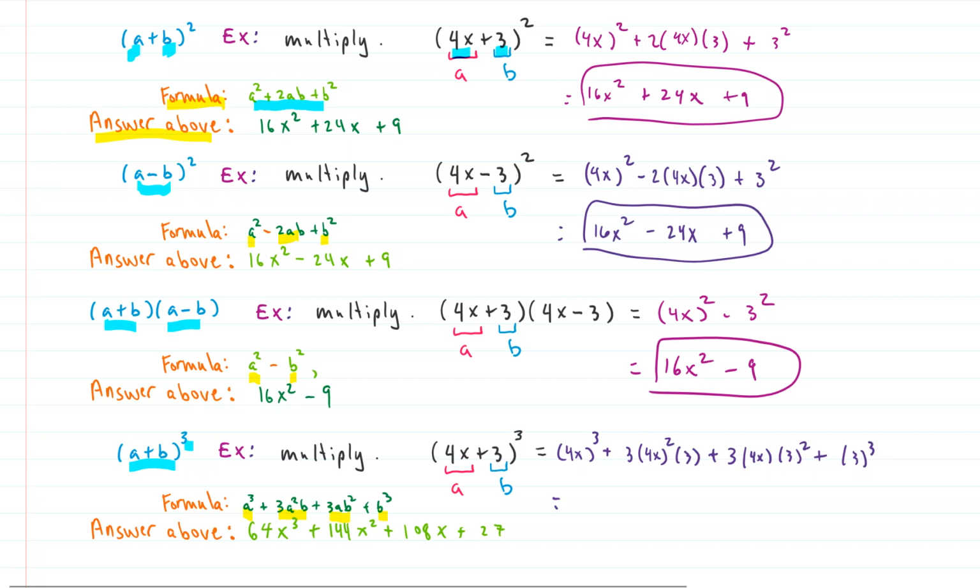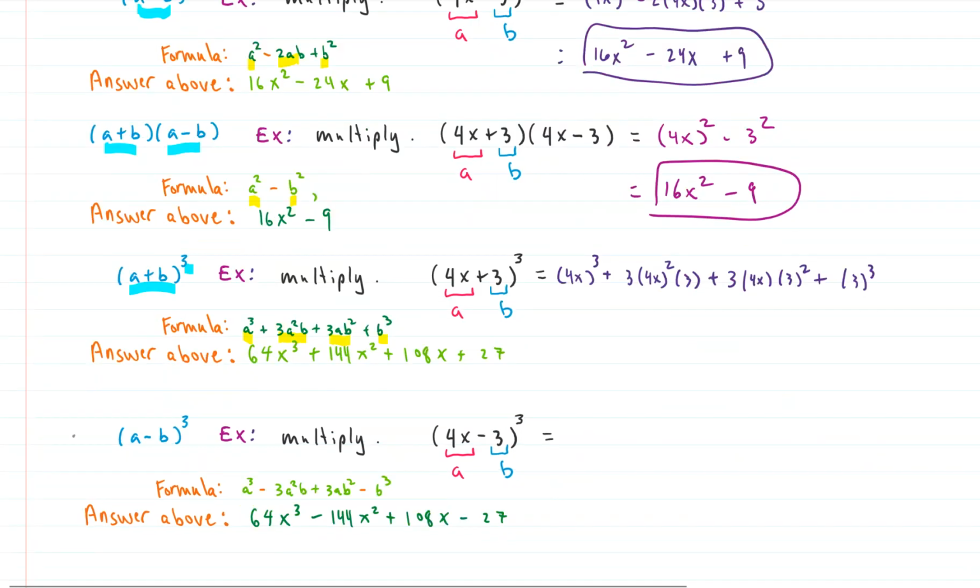Now, let's do some simplification. 4x cubed: 4 cubed is 64, and x cubed is x cubed. So we have 64x cubed. Plus we have 4x quantity squared, so that's 16x squared. And 3 and 3 is 9. 16 times 9 gives us 144x squared.